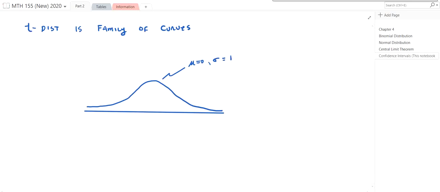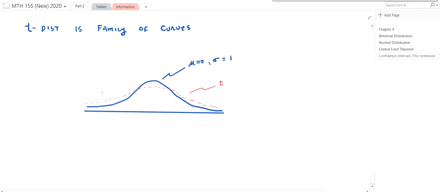Well, we might have a t curve that looks something like this, a little more spread out, maybe a lower peak, but still a normal curve. This is one of our t distributions.